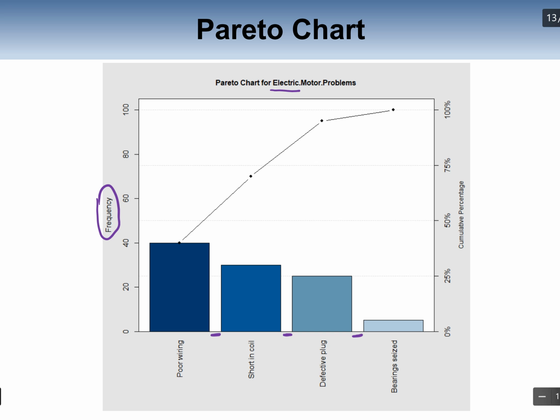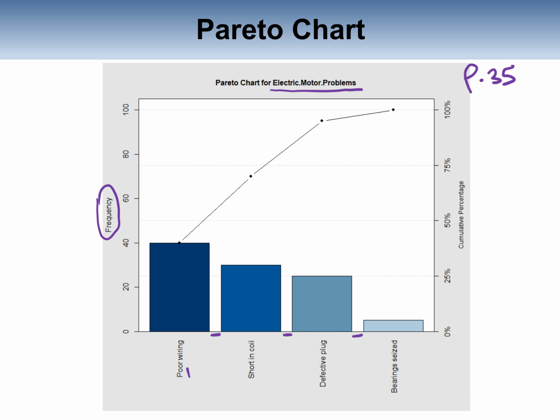I've taken their plot, and you can compare this to the one on page 35 in the text. It's from Electric Motor Company. The first one is poor wiring. It has the most, and it's always ranked in order. So the defect with the highest number of occurrences would be the first bar.